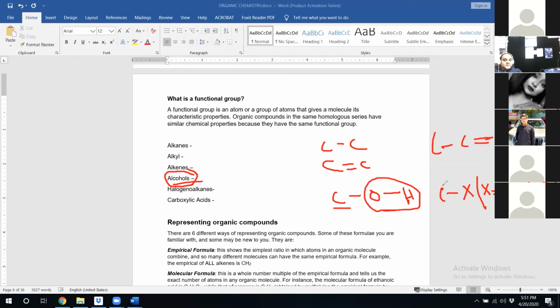So if a carbon is bonded to any of the halogen atoms, we call it a halogenoalkane.